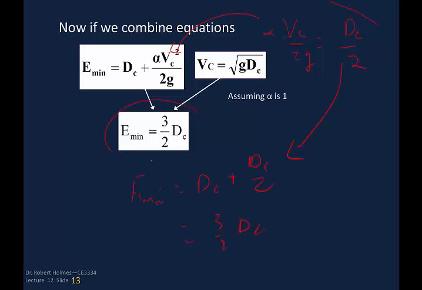This is a really good thing to remember, because when I give you a problem where at one location you've got a critical flow situation, you can plug this in for the specific energy at that location, and that'll give you a shortcut to working the problems.